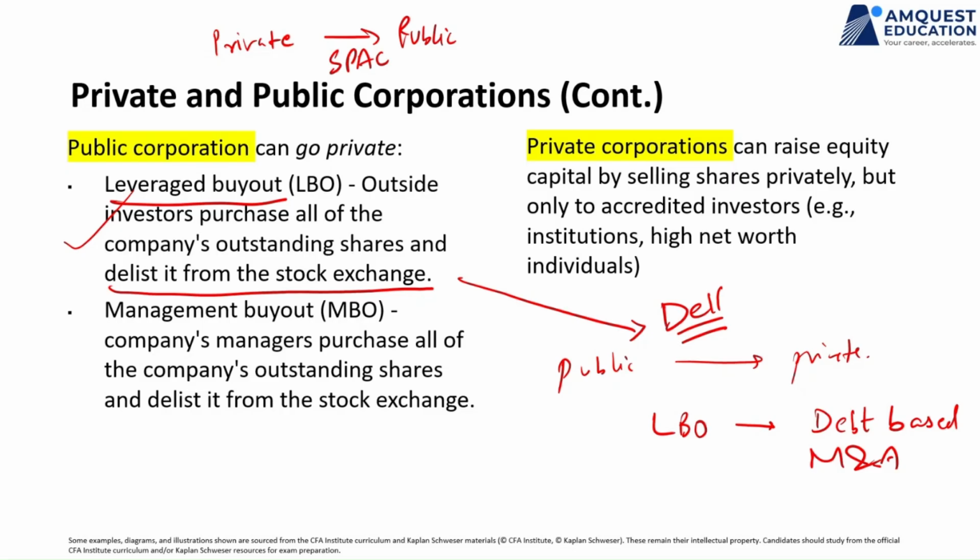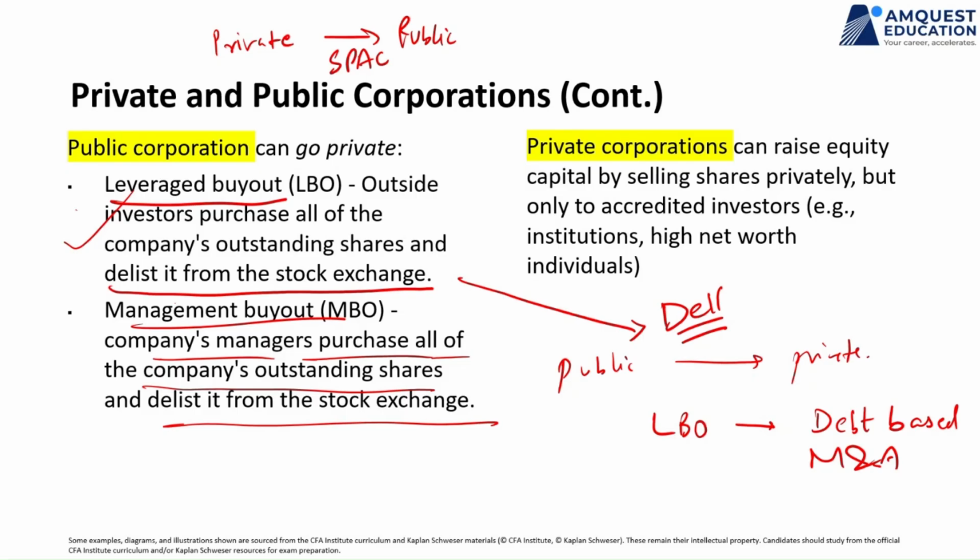You have taken a lot of debt from the market, and using that leverage, you're going to buy companies, which is why they are called leveraged buyouts. Management buyout, on the other hand, is when company managers purchase all of the company's outstanding shares and delist it from the stock exchange. Sometimes company management can execute an MBO. If they have enough money, they can buy the company from the market, and that is called an MBO, management buyout.